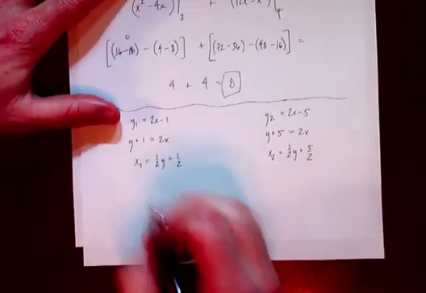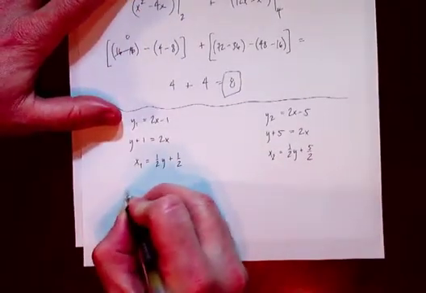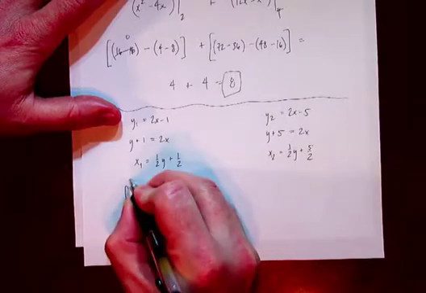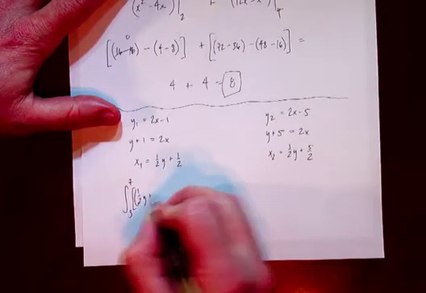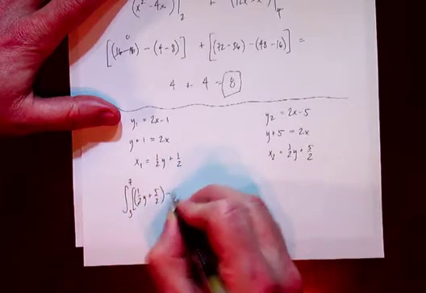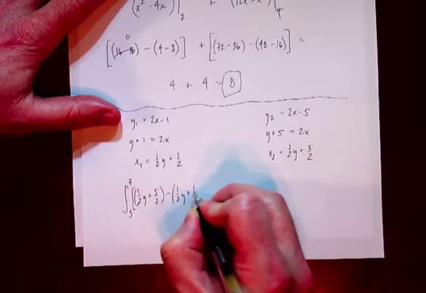So let's go ahead and see what that looks like. Now remember, everything needs to be in terms of y. So let's go 3 to 7. 1/2 y plus 5/2 minus 1/2 y plus 1/2.